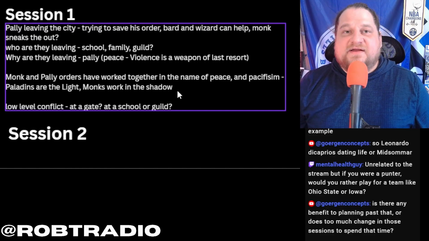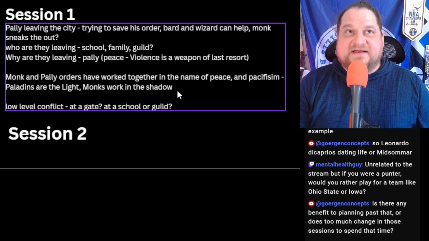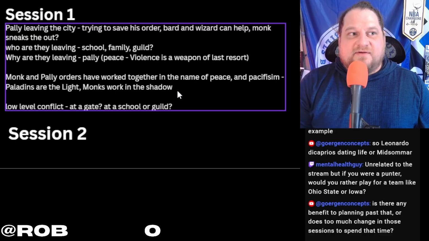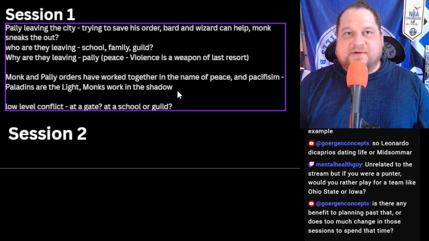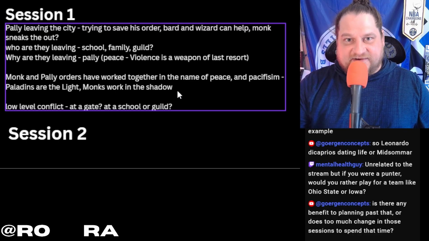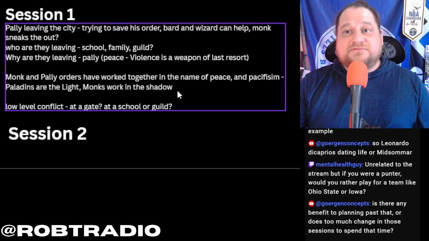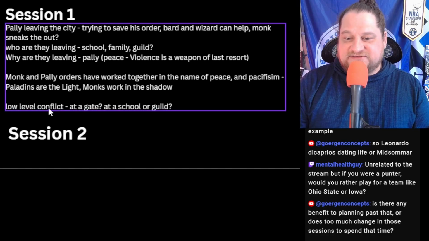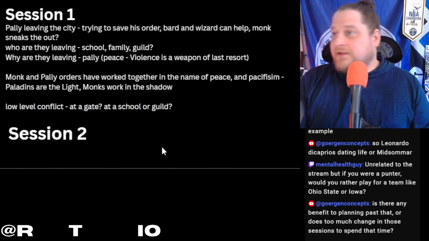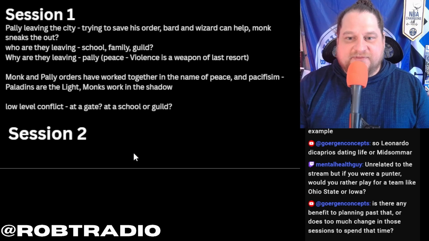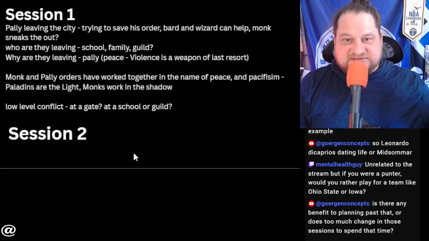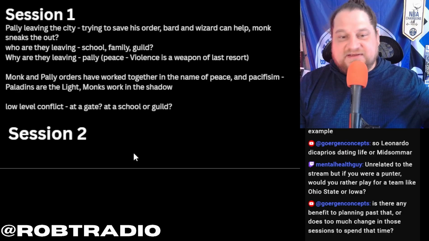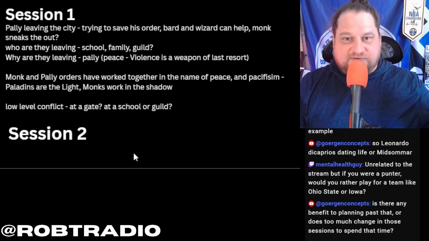However, it could be a scenario where the guard is storming in, knowing that these orders exist here, to wipe out and arrest everybody, right? So your low-level conflict could be that the guards are coming in to take them out. And then you can just build some low-level town guards to be the ones who are actually fighting with the party.